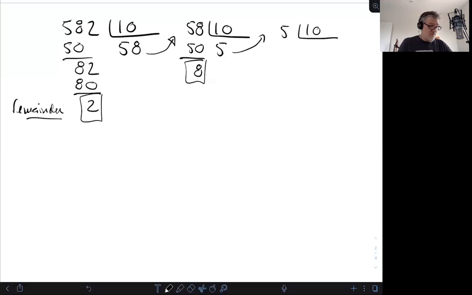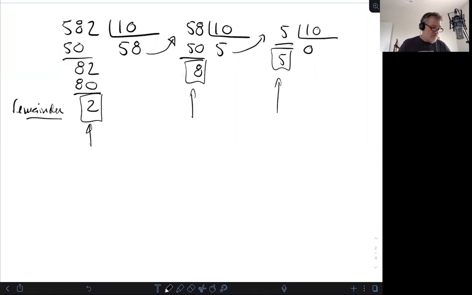This goes 0 times, right? It's smaller than 10. So I just get a remainder of 5. Now, if you look at the remainders you got, what do you see? You exactly see the digits 582, right? Okay, so I've extracted the decimal digits of 582 by repeatedly dividing by 10.